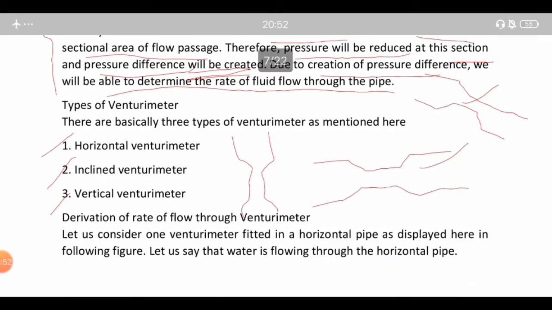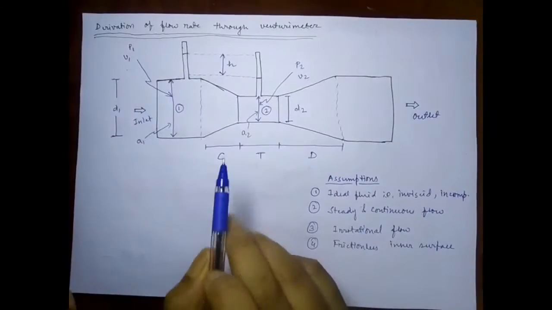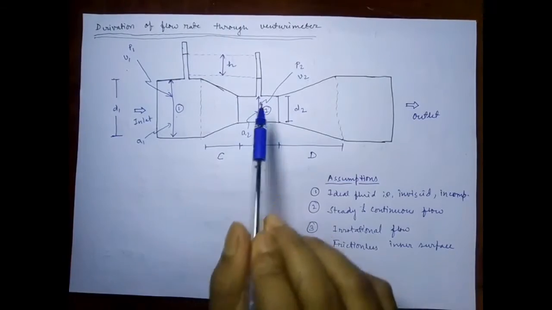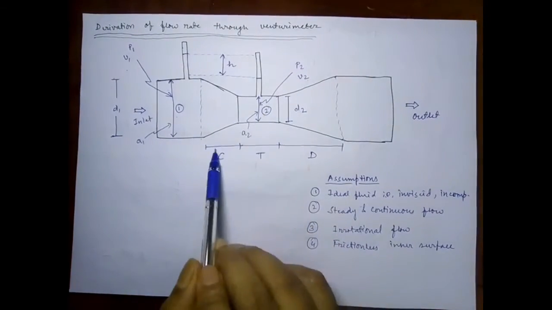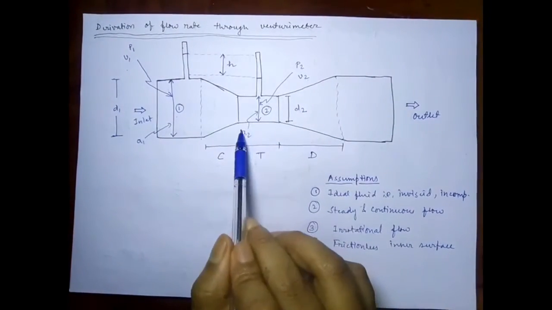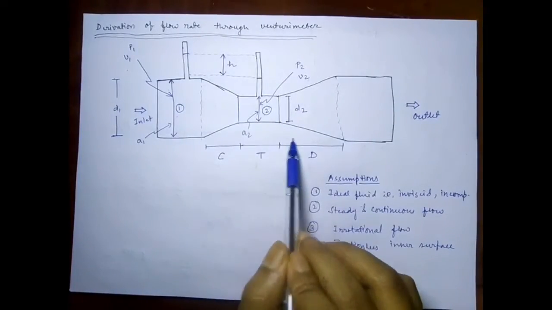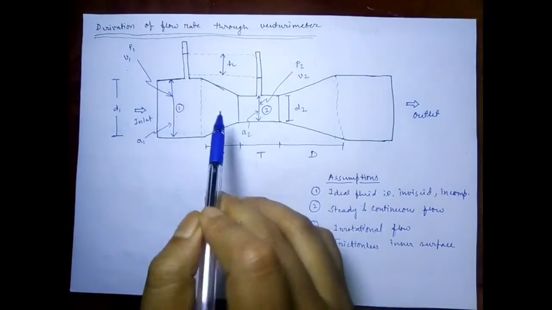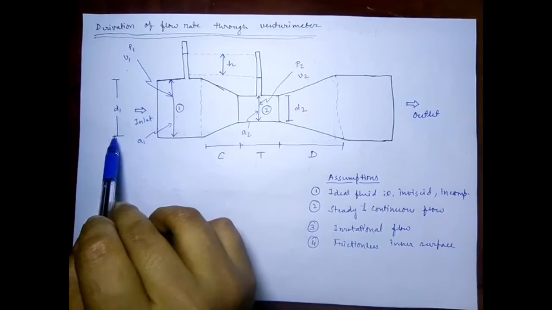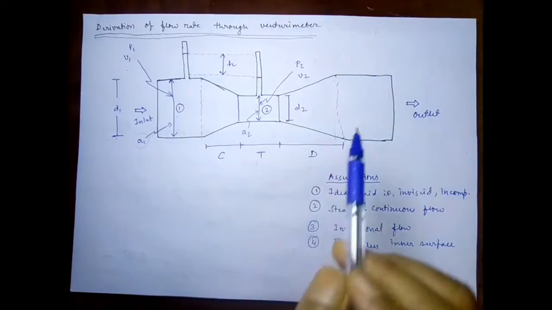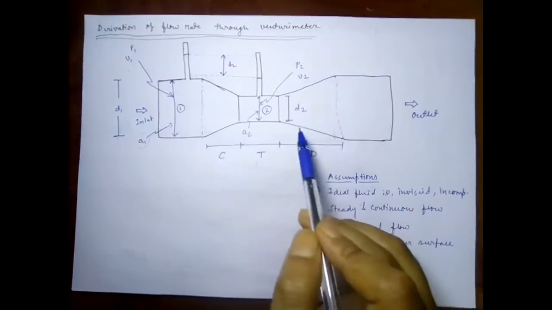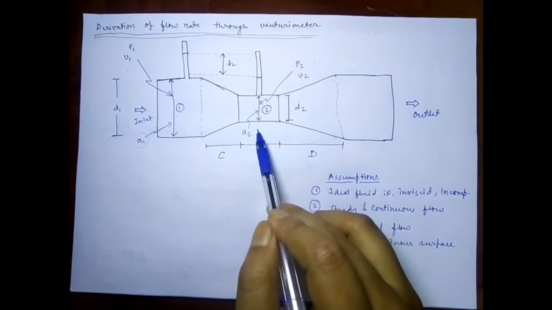So let's derive the rate of flow through the Venturi meter. So here is a Venturi meter. Here's a diagram. This is section 1 and this is section 2. This part is the converging part, this is the throat part, and this is the diverging part. The cross section of this part has diameter D1 and the area is A1. The cross section of this part has diameter D2 and therefore the area is A2.